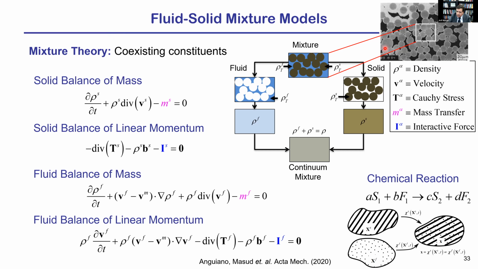So here's the micrograph where you can see the solid particles and is filled with fluid. What mixture theory does is it doesn't model each and every solid particle or the fluid subdomain. It looks at it from a mixture point of view, and we segregate the fluid and solid proportional to their volume fraction, homogenize them, and then bring them together. So this is a homogenization, but this is local homogenization.